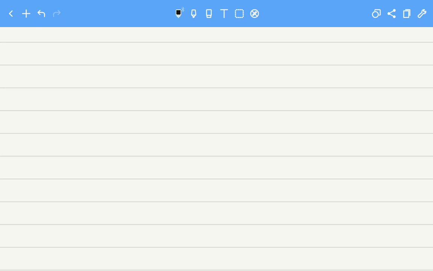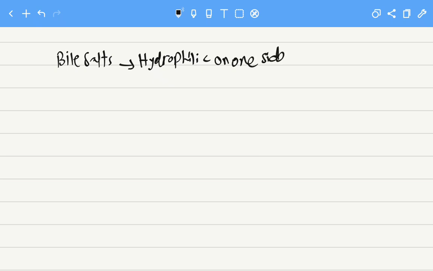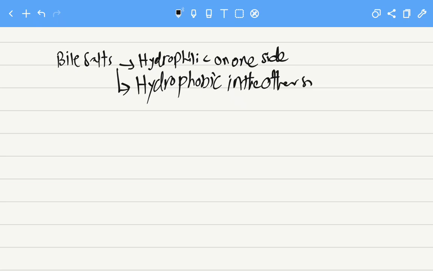Okay, can you tell me how the bile salts help in emulsification of fat? Bile salts are hydrophilic on one side and hydrophobic on the other side.